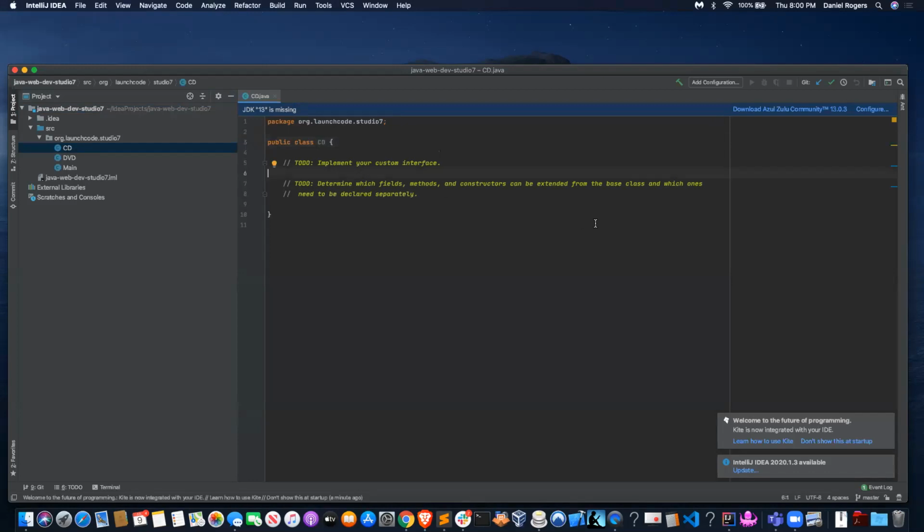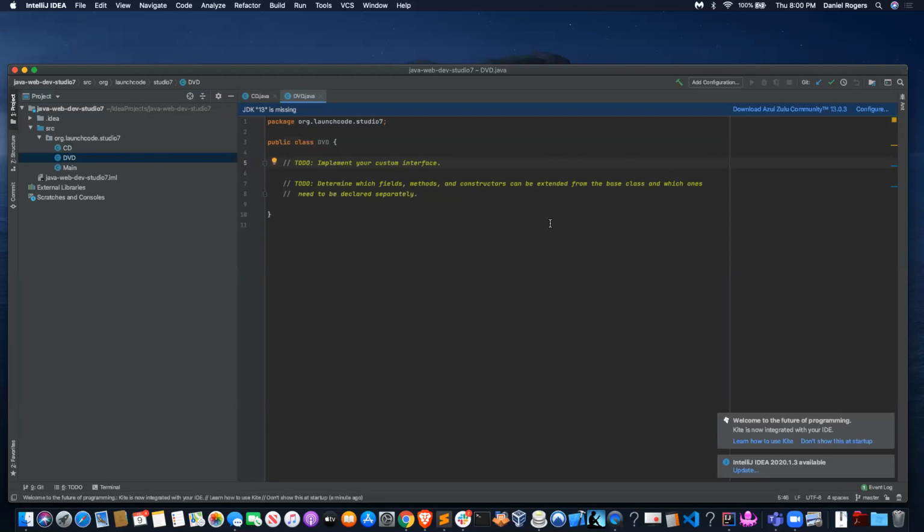Okay, so it gives us nice comments here. Why are the comments green? I think probably this TODO makes them green. Interesting. That's cool.